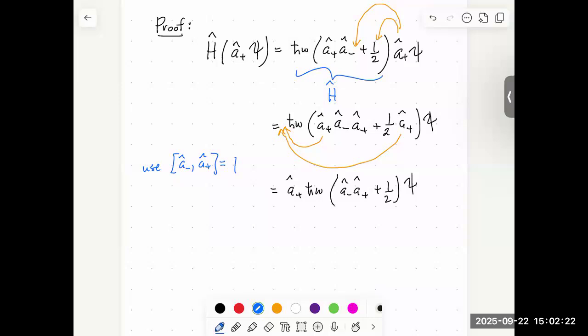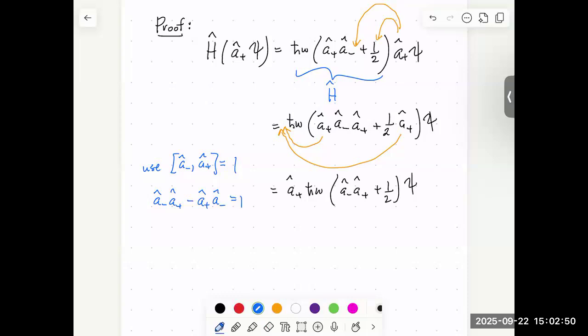Let me just remind you, the way you write these commutator relations down is the left times the right minus the right times the left, and that has to equal +1 in this case.